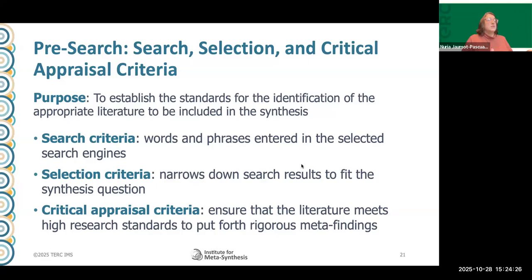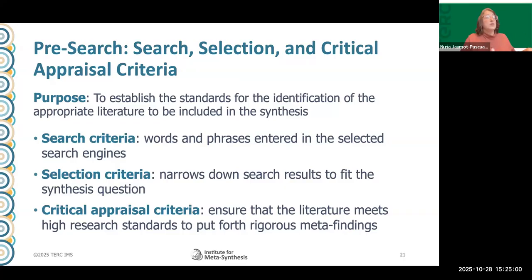And then the critical appraisal, which are the criteria to ensure that the literature meets rigorous research methods criteria so that you can develop rigorous meta findings. So in here, what you would include would be things such as whether the study includes a research question, whether they describe the data collection and analysis methods, whether the findings are supported by sufficient evidence, and other things like that.